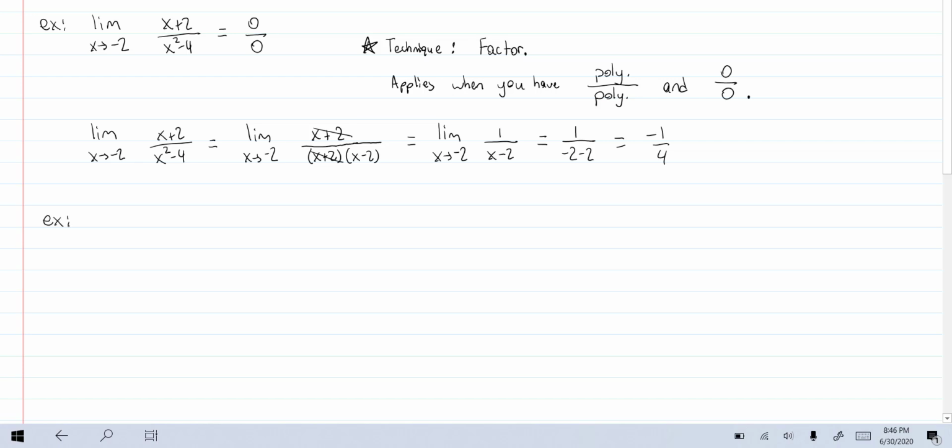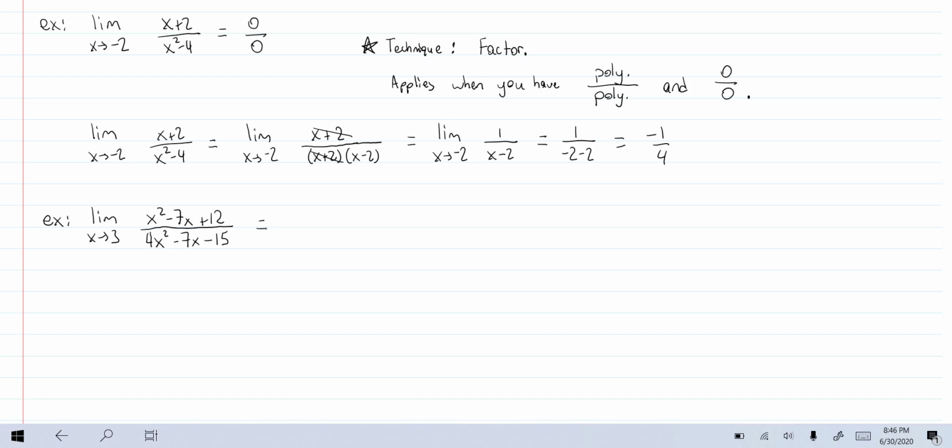Okay. Let's do a similar example. So we have the limit as x approaches 3, (x squared minus 7x plus 12) over (4x squared minus 7x minus 15). We have a polynomial over a polynomial.